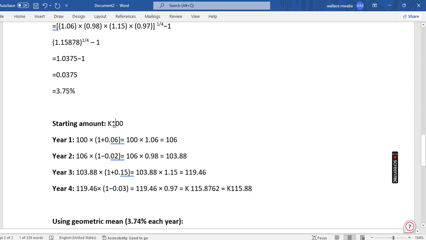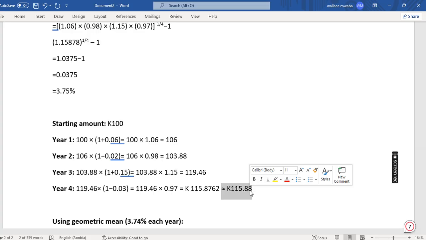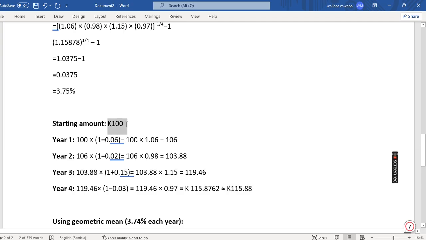We're saying from 100 kwacha, we had a steady growth rate of 3.75% that brought us from 100 kwacha to 115.88. As I said, the geometric mean is showing you the average growth rate which is going to take you from your beginning amount, 100 kwacha, to your ending amount, 115.88.